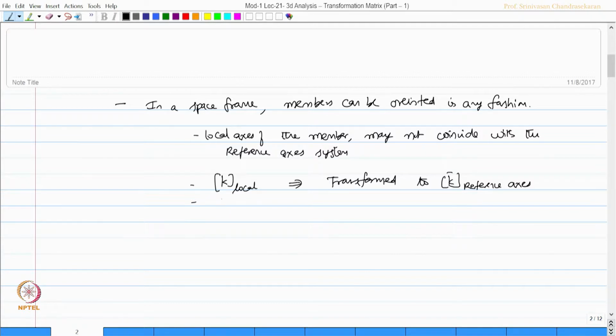Secondly, whatever load is applied on the local axis needs to be also transformed to get J bar with reference to the x, y, z system.